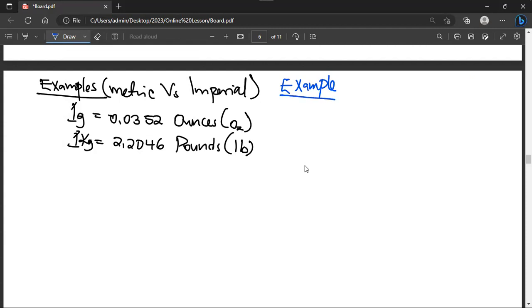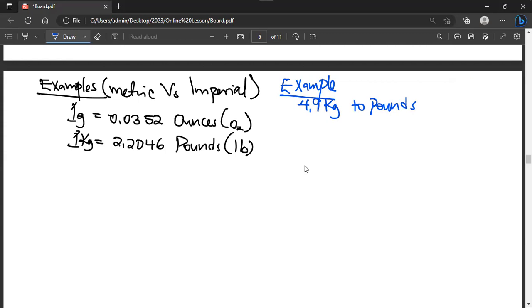Example, they are telling us to convert 4.9 kg to pounds, which will become 4.9.